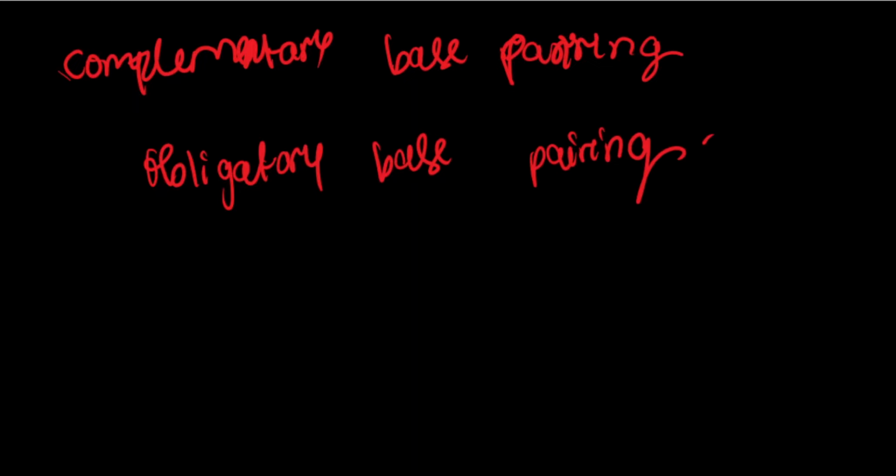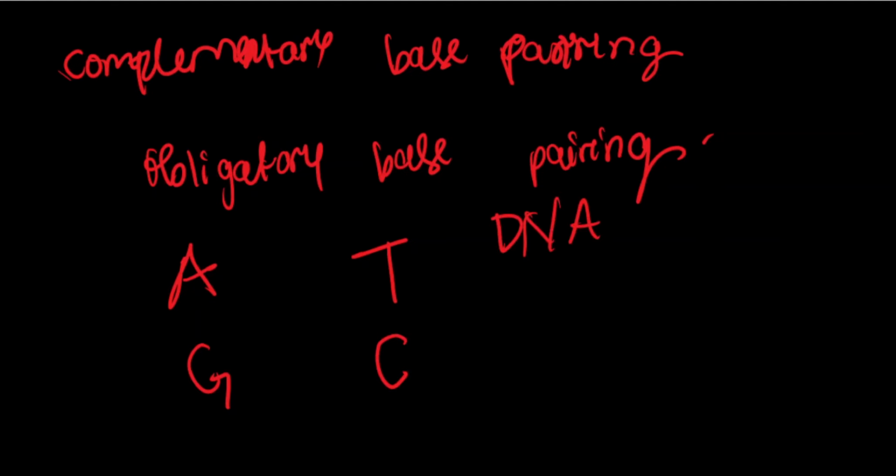Complementary base pairing: adenine is a complementary base to thymine, and guanine is a complementary base to cytosine in a DNA molecule. So adenine would pair with its complement, thymine, and guanine would pair with its complement, cytosine.